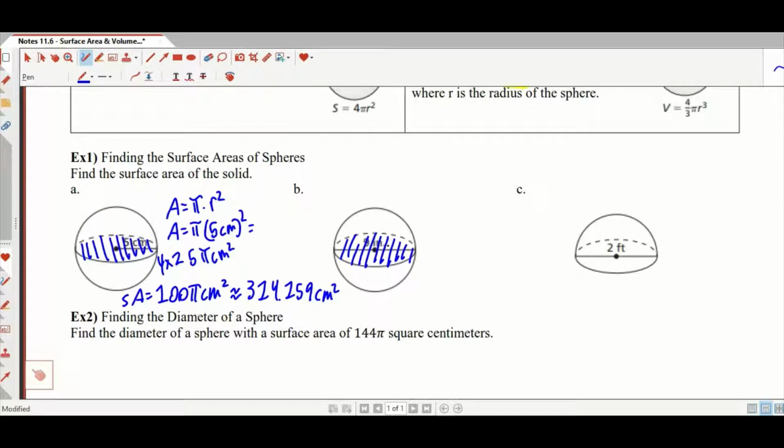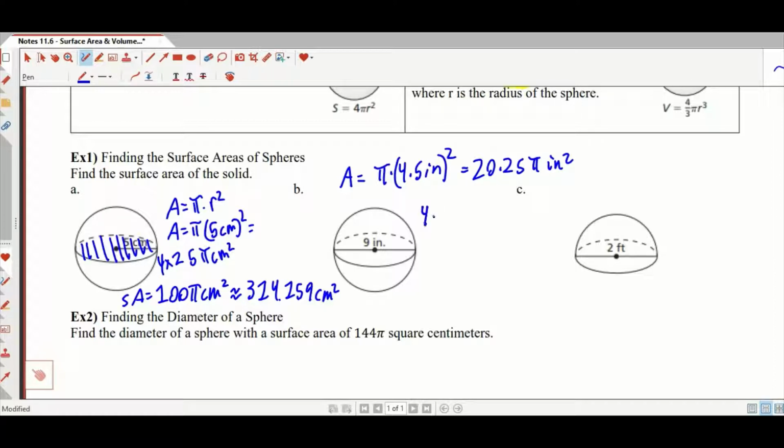So again, you find the area of that circle, which is pi times the radius, which is 4.5 inches, because the diameter was 9 inches. And that's going to be all squared. I don't know what 4.5 squared is off the top of my head. It's 20.25, which is 20.25 pi inches squared.